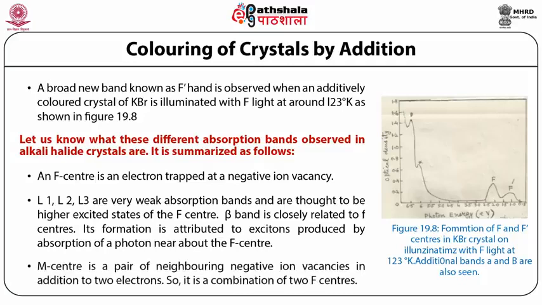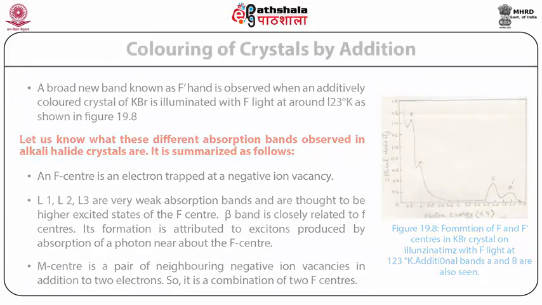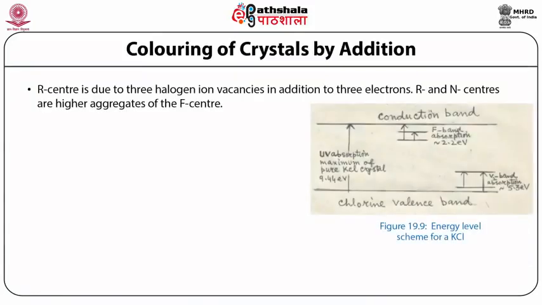Number 3. M center is a pair of neighboring negative ion vacancies in addition to two electrons. So it is a combination of two F centers. Number 4. R center is due to three halogen ion vacancies in addition to three electrons. R and N centers are higher aggregates of the F center.